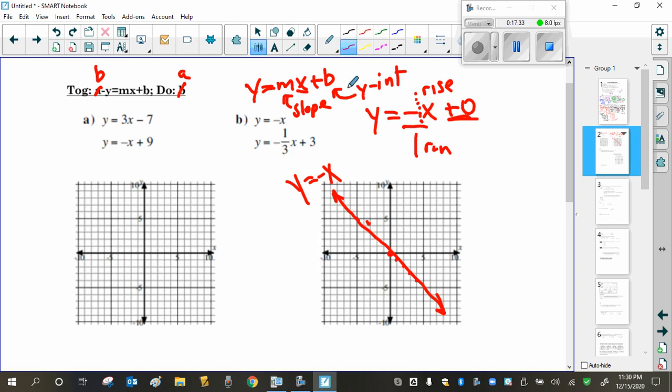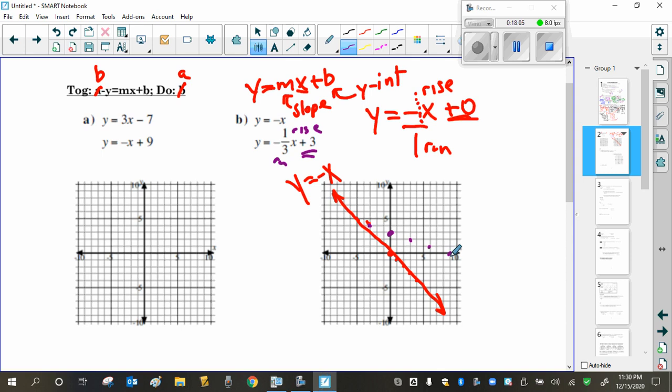Next, I'm going to plot 1, 2, 3. There's the y-intercept, and from there I go down 1 for -1, and 3 to the right. Down 1, 1, 2, 3 to the right. Down 1, 1, 2, 3 to the right. So 3 to the left as well, up 1.